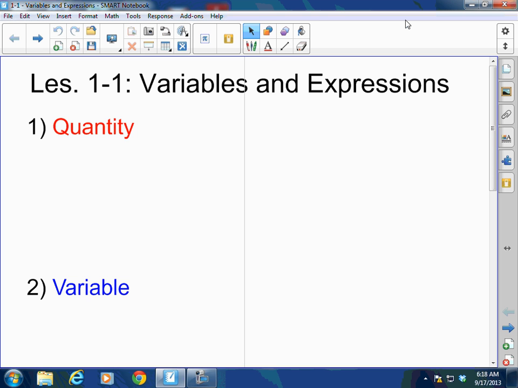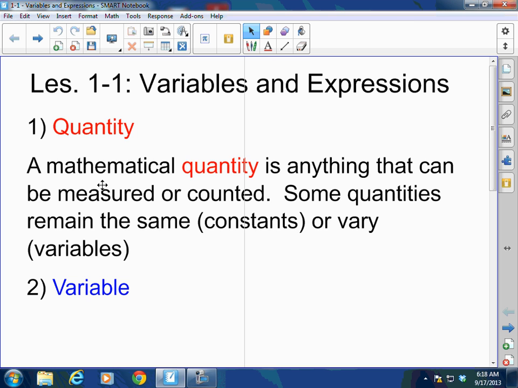First of all, let's talk about some basic concepts like a quantity. A mathematical quantity is anything that can be measured or counted. Some quantities remain the same, those are known as constants, or some vary or change, those are called variables. So anything that can be counted is a quantity.